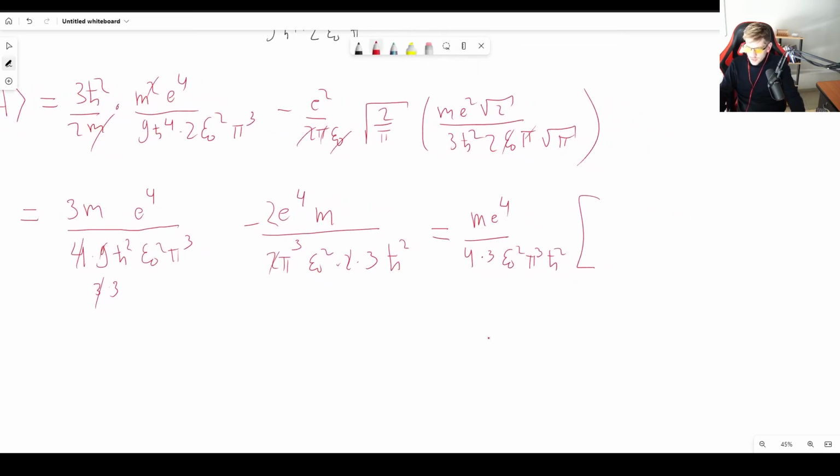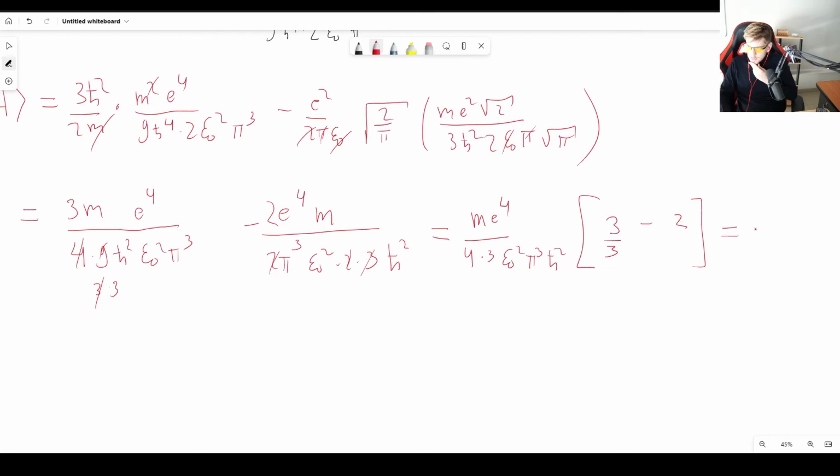So after factoring out all of that, we get 3 minus 3 divided by 3 minus 2, right? This divided by 3, we already factored out. Yeah, so 1 minus 2, basically.